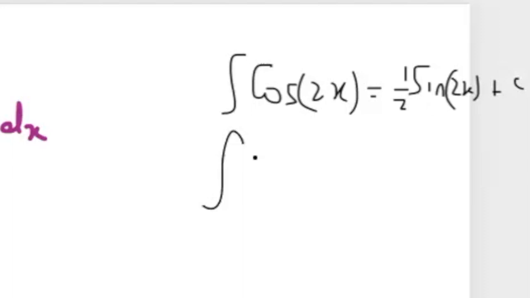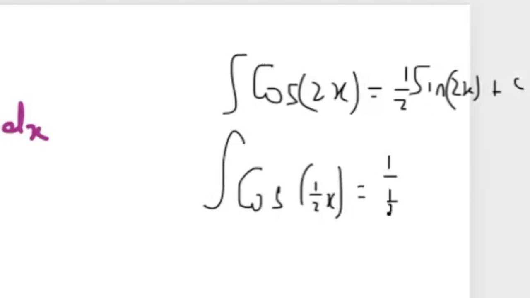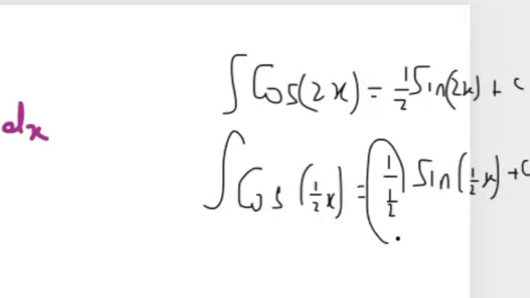So if I have the integral of cos x over 2, which is the same thing as a half x, then when we integrate this, it's going to be 1 over a half sine half x. But when we have a fraction in the denominator, we know that we are going to reciprocate it. So it becomes 2.